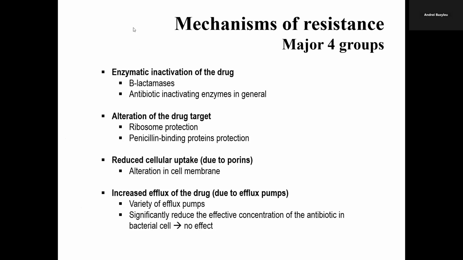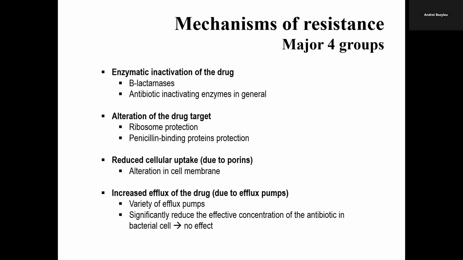So let's look at these four groups and make sure we understand the actual mechanisms behind each of them. There's nothing really complicated about it. The last two groups would probably be new conceptually to a lot of you, so we'll discuss those in detail as well. The first one is enzymatic inactivation of the drug, just as the name suggests.